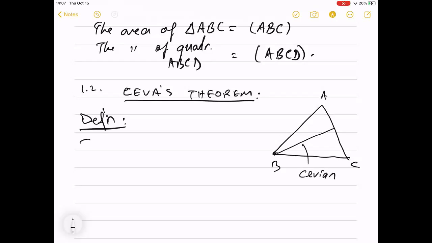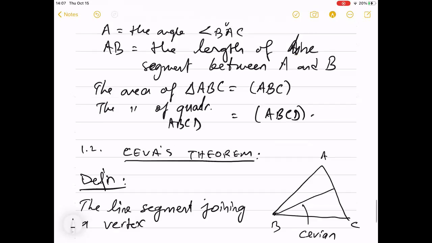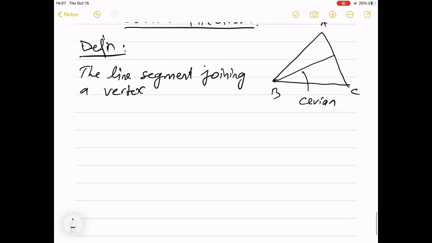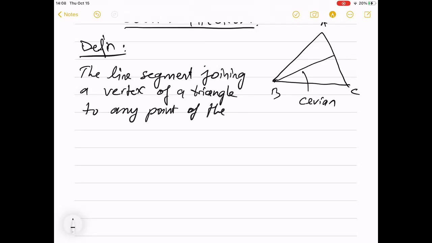More precisely, the line segment joining a vertex of a triangle to any point of the opposite side is called a cevian.